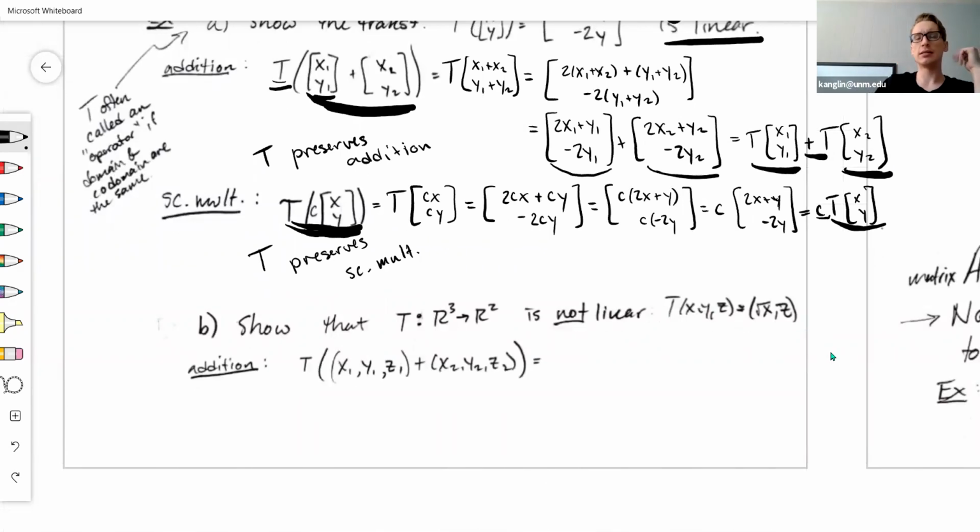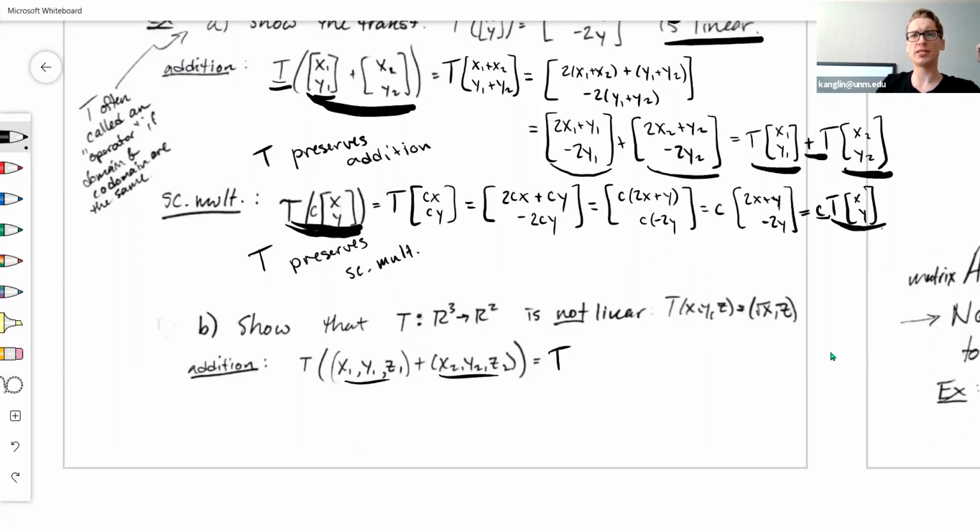How do we do this? Same way as before. Since we're showing it's not linear, it would be kind of tricky, I guess, to show that it definitely could not be written as a matrix transformation. It's easier in this case to show that it either doesn't preserve addition or doesn't preserve scalar multiplication. I'll start with addition, see if we can break the linearity just using that.